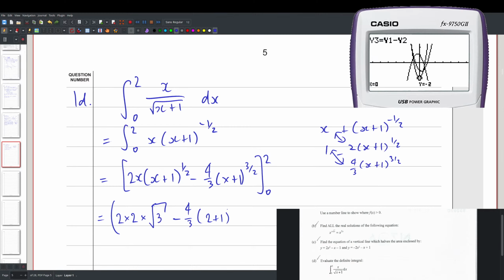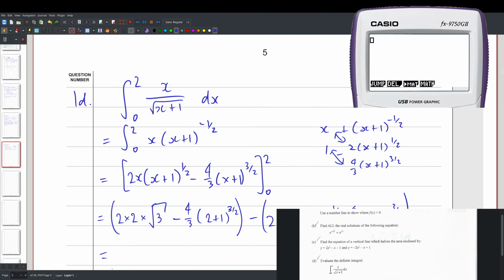Square root of 3, 3 on 2, minus, you know how to do this, right? 2 times 0, 0 plus 1, 1 on 2, minus 4 on 3, 0 plus 1, 3 on 2. Plug and chug, what do you get? 2 times root 3, minus 4 on 3, times 2 plus 1 root 3 on 2, minus 2, oh this is 0, so don't bother, 4 on 3.